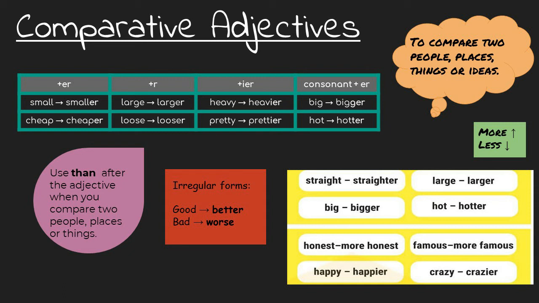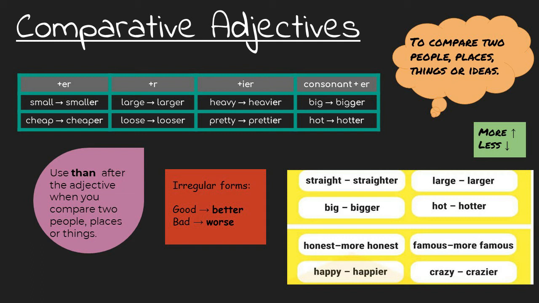So we use the R when the word ends in the letter E. For example, large, larger, loose, looser, right?